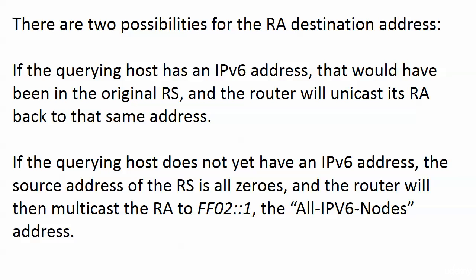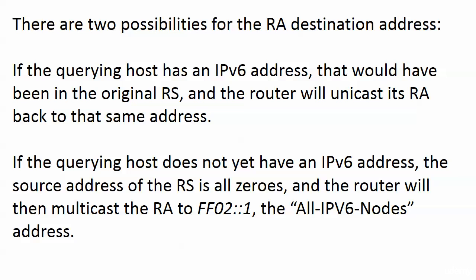Now there is a chance that the querying host may not yet have a version 6 address, and if that's the case, the source address of the router solicitation would be all zeros. And the router sees that and says, okay, I'm not going to unicast to all zeros, that's our undefined IP version 6 address. So the router will then multicast the RA to FF02::1, the all IPv6 nodes address.